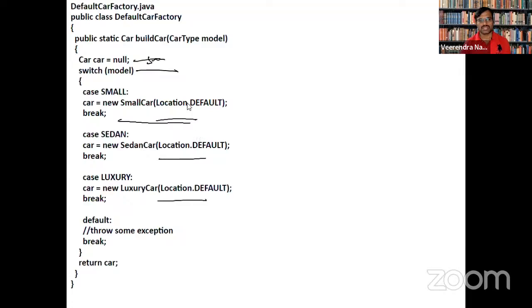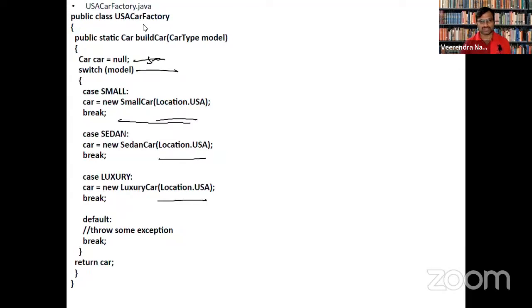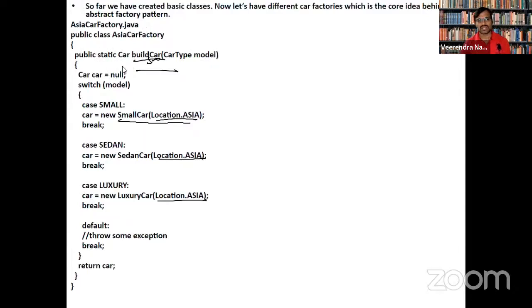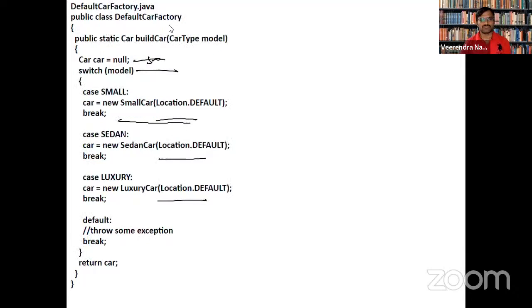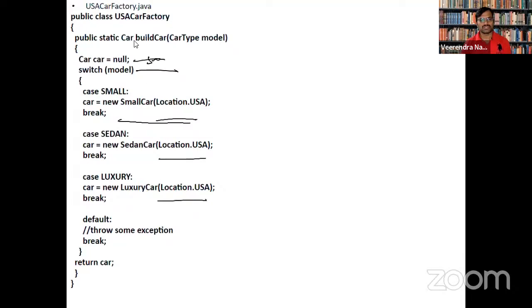The same thing goes for default car factory and USA car factory. You can see all three classes: Asia car factory with location Asia, default car factory with location default, and USA car factory with location USA.